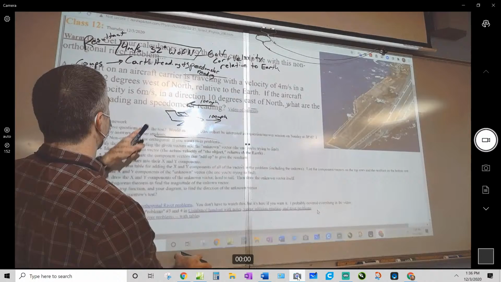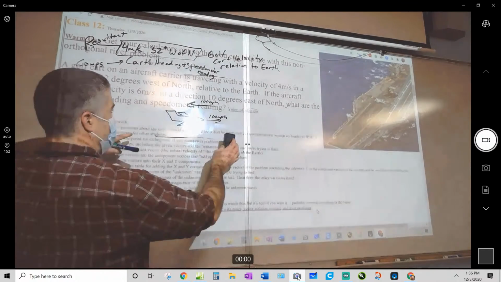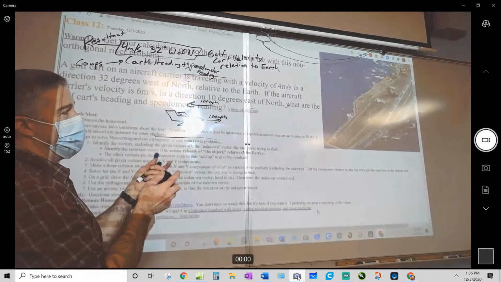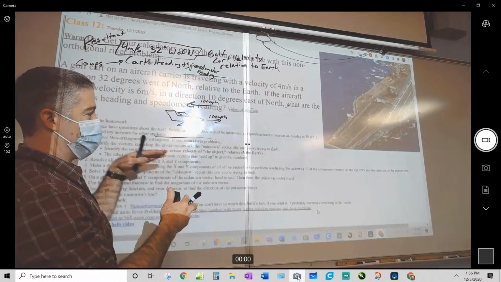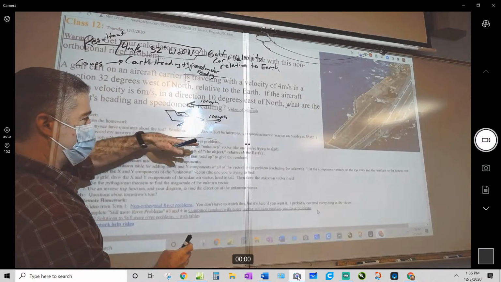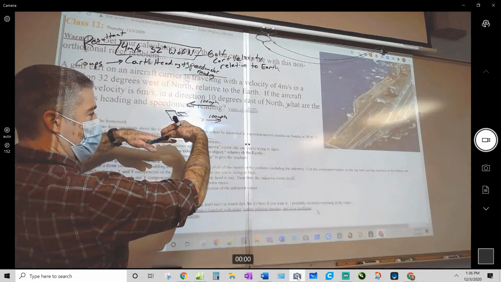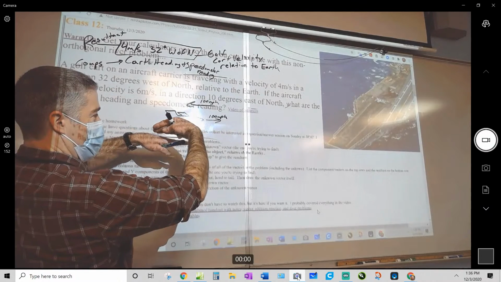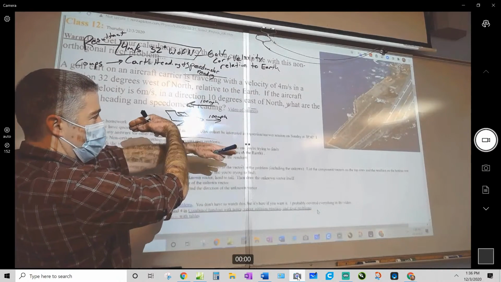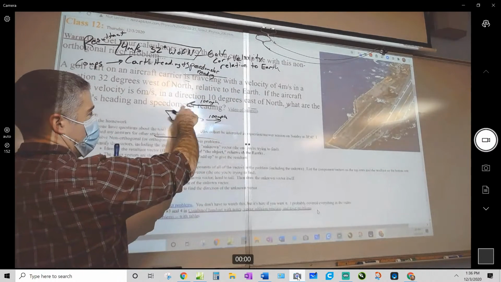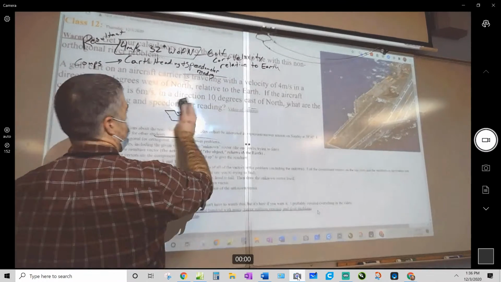So this golf cart speedometer reading doesn't really tell you how fast the golf cart's moving across the earth. If the aircraft carrier is going this way and the golf cart's sitting on top of the aircraft carrier going the other way, then it might not be moving at all relative to the earth. But the speedometer is still going to say it's doing something.